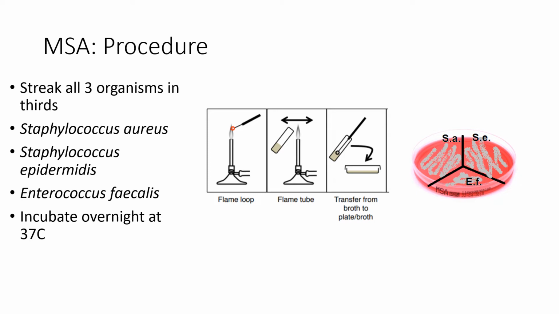You would flame your loop, and then flame the tube, insert the loop and take out a sample, and then make a little zigzag pattern in each third of this plate. One for Staph aureus, re-sterilize the loop, do it again for Staph epidermidis, re-sterilize the loop, do it again for Enterococcus faecalis, and incubate overnight at 37.